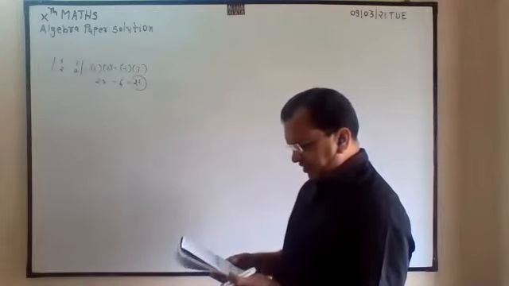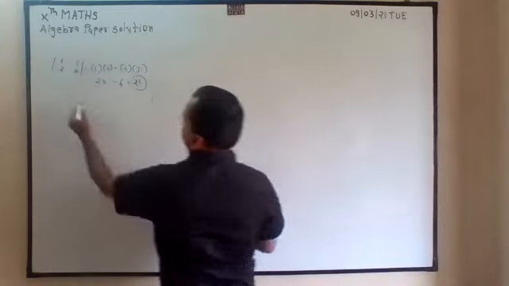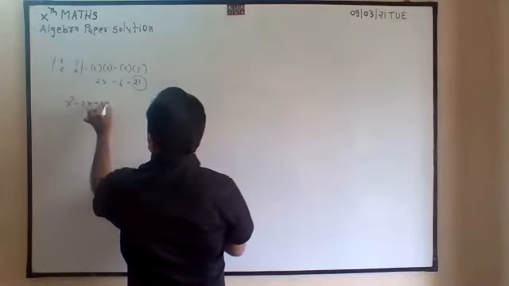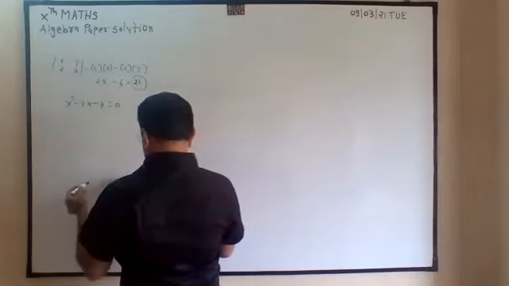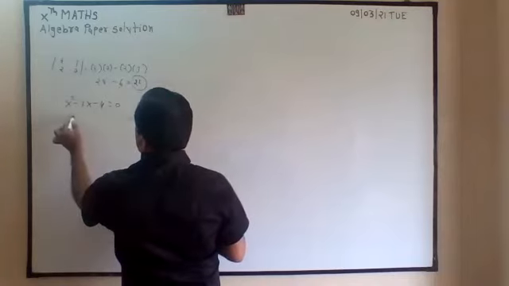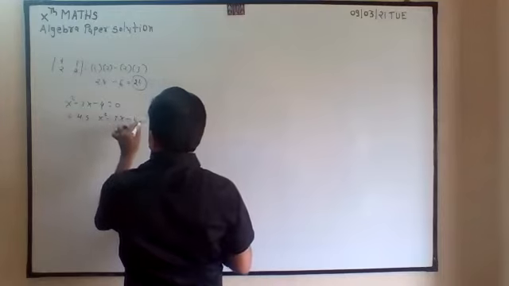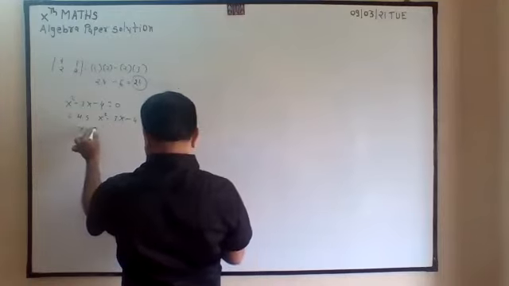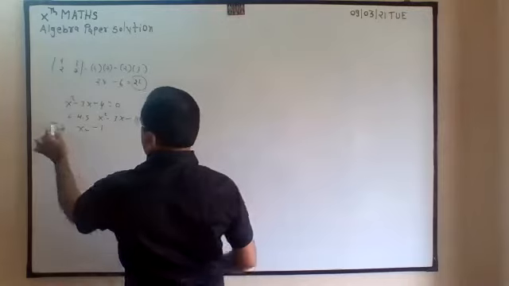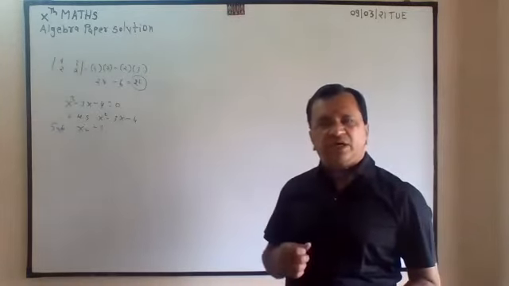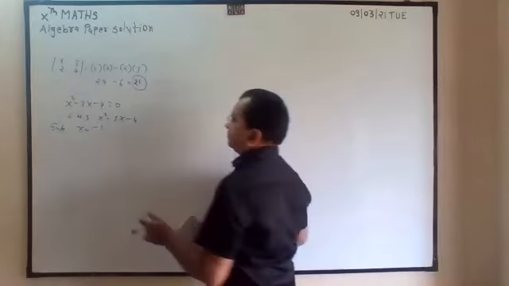Is x equal to minus 1 a root of the quadratic equation x square minus 3x minus 4 is equal to 0? Left hand side x square minus 3x minus 4, substituting x is equal to minus 1. When you have to check whether it is a root or not, at that time you have to take only the left side.